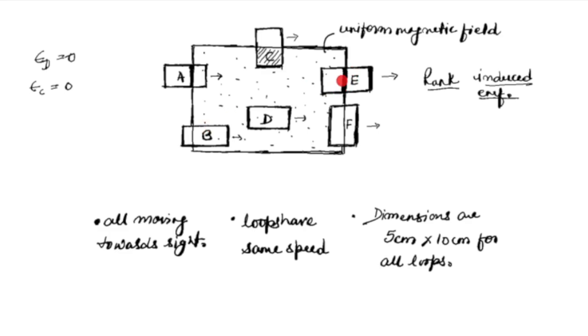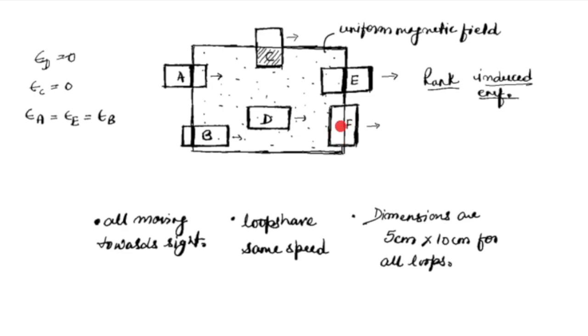Whether it is going out or coming in does not matter, because we are bothered about the magnitude of EMF, not the direction. The same thing happens with E. It will also sweep this thickness. So the change in area is the same, and the EMF generated will also be the same. So EA will be equal to EE, which will be equal to EB. This is what the ranking looks like.